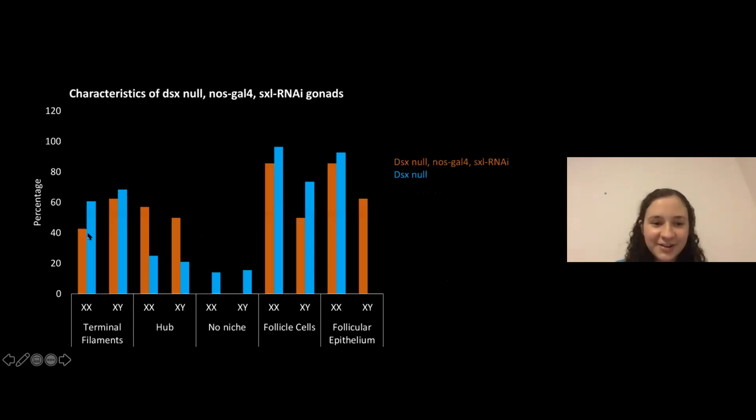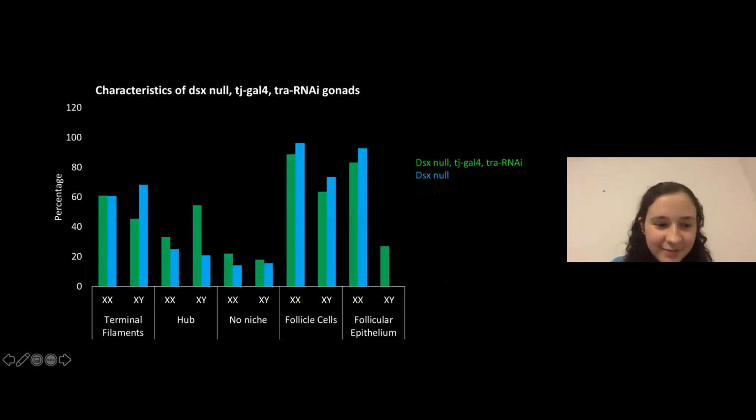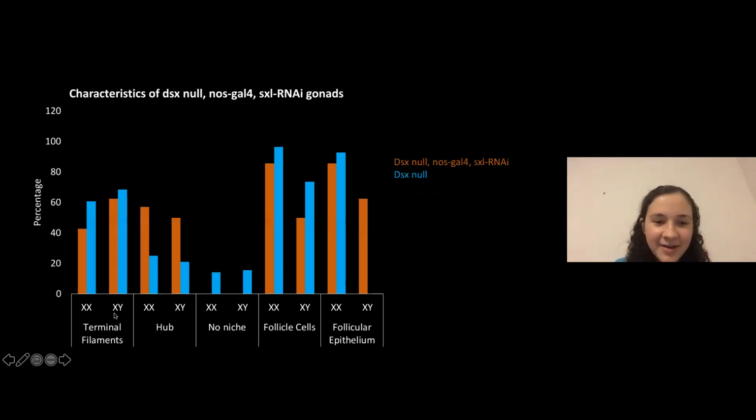For argument's sake, I have a couple more things I looked at. It's a comparison of the amount of terminal filaments, so the amount of female stem cell niches, in the double-sex nulls compared to the double-sex nulls with sex-lethal RNAi. And you can see that they're relatively the same.